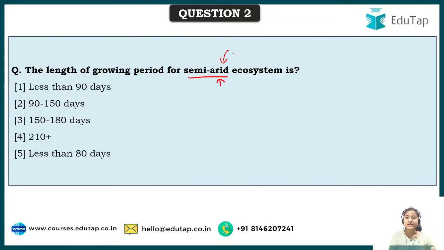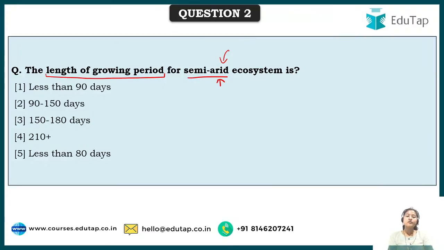So what could be semi-arid? A condition where there is water scarcity. There is water, but it is not enough. That comes under semi-arid condition. The next important phrase here is length of growing period. We are talking about the length of growing period of plants, because we are studying agriculture.